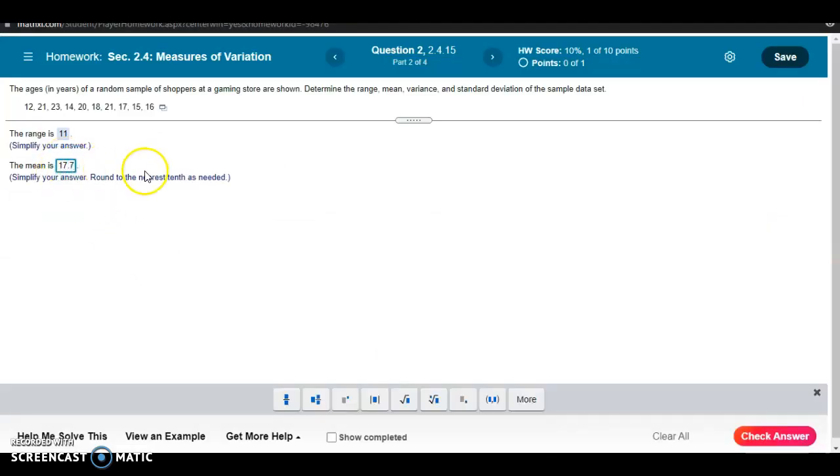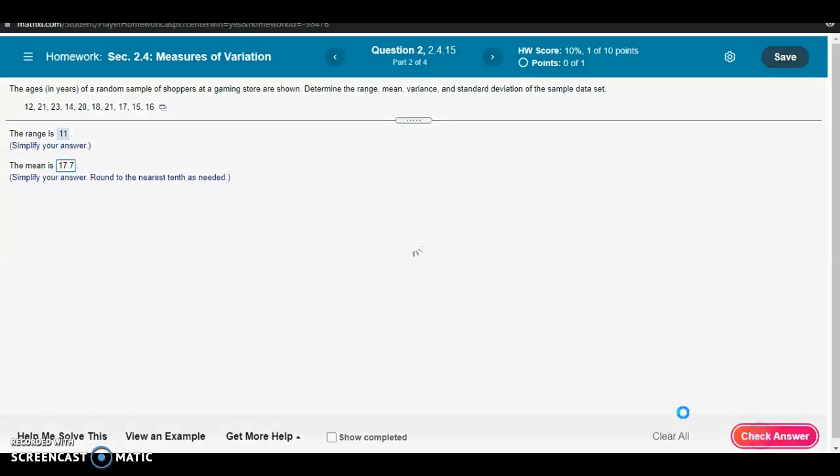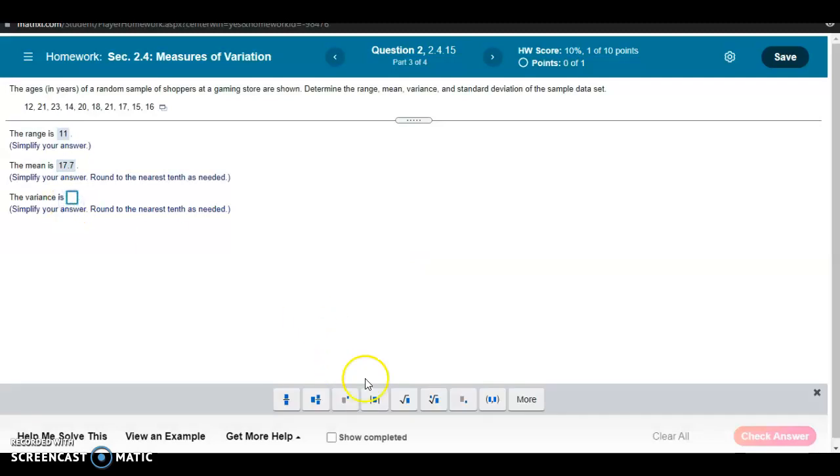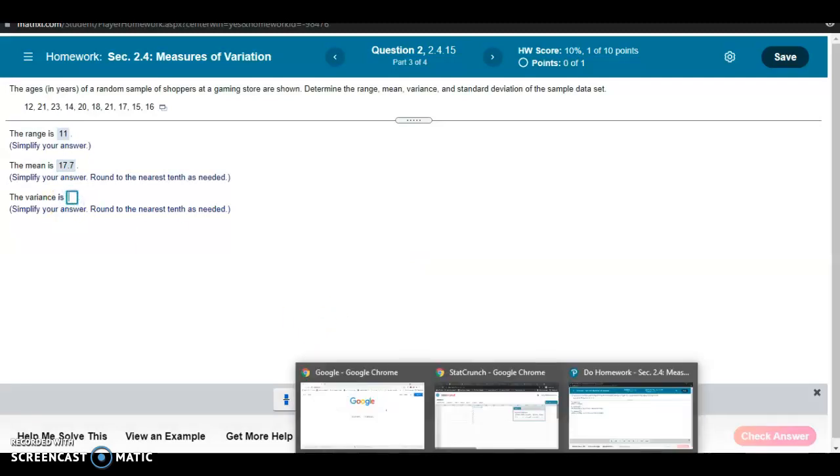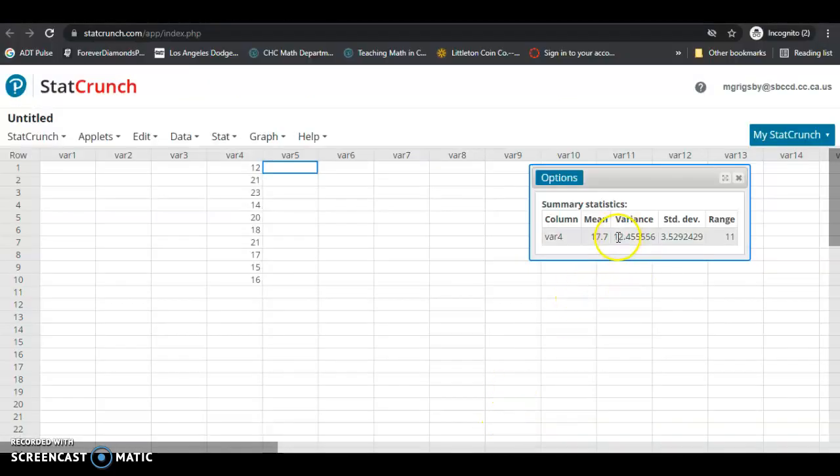The problem perhaps asks you to find the mean because if you calculate the variance by hand, you need the value of the mean if you're going to use the formulas in the book. So the mean is 17.7. Now the variance, we can quickly get. The variance is 12.45.